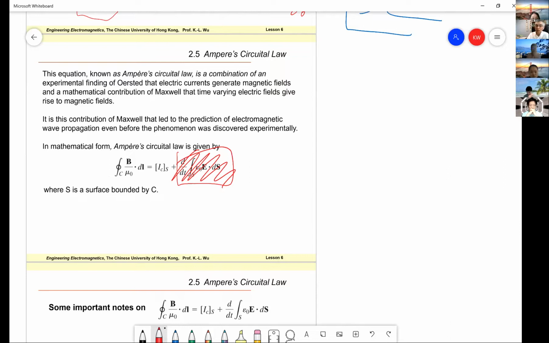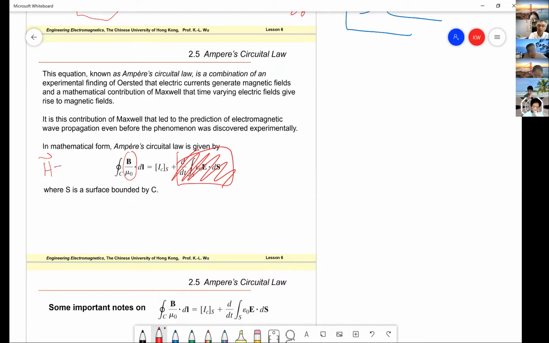The B we call magnetic flux density. However, we define another quantity, H. This H we call magnetic field intensity.